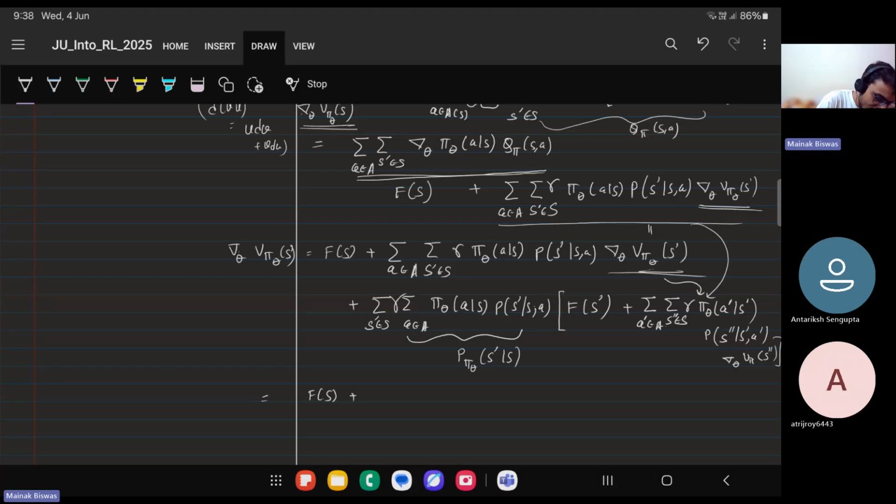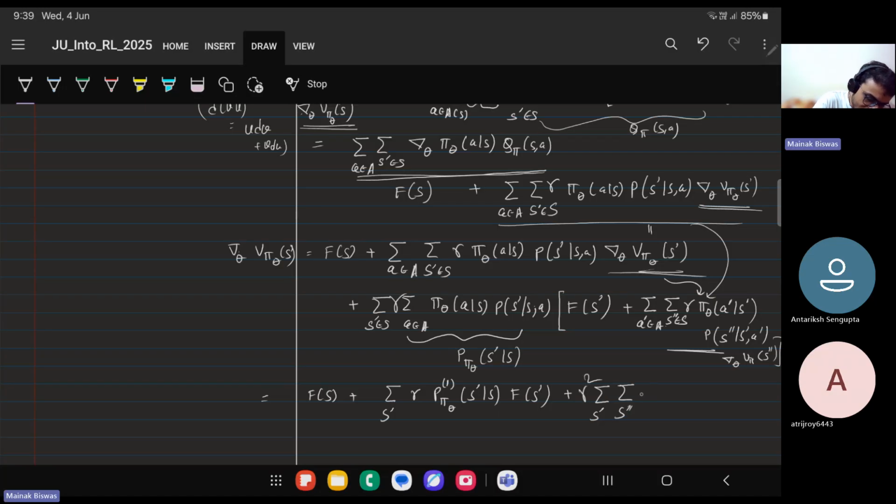So this is like S dash, pi theta. I will write 1 on the numerator for one reason. I'll show you next. Plus the summation over S dash. Again, this internal equation also will be the same. Gamma square, or let me write gamma square outside.